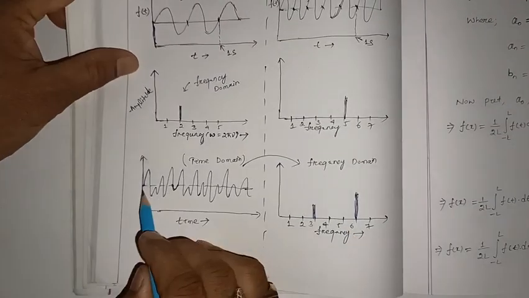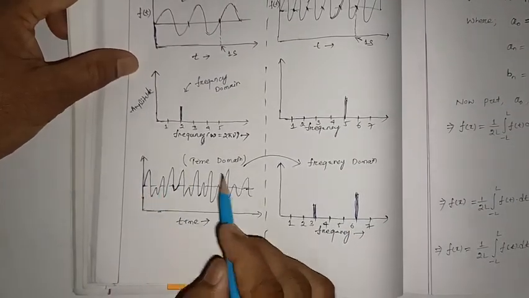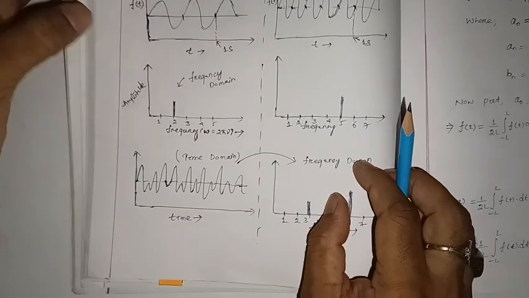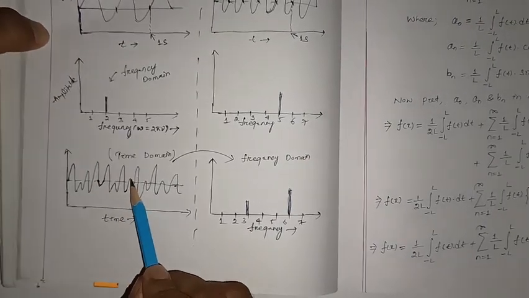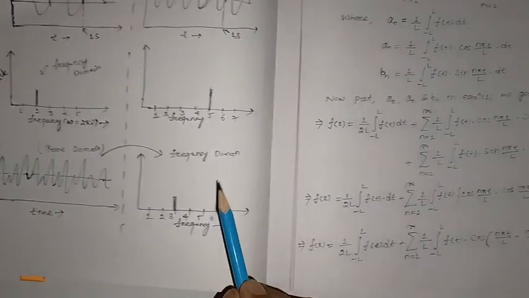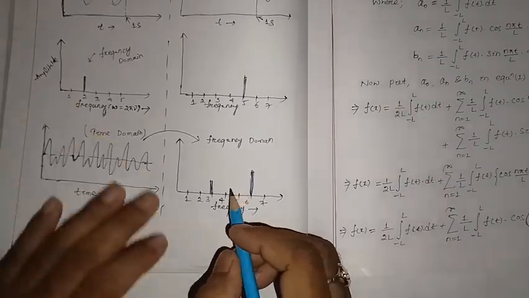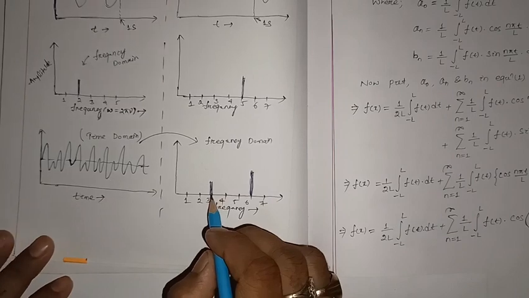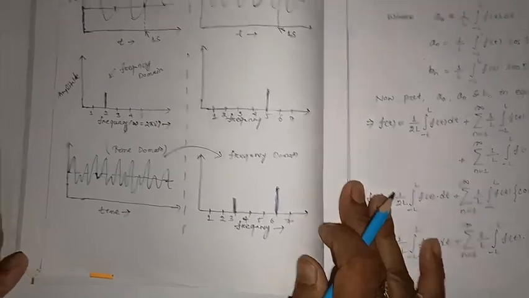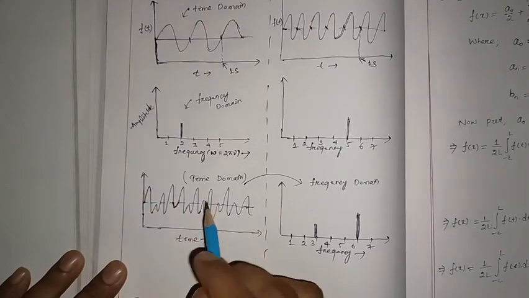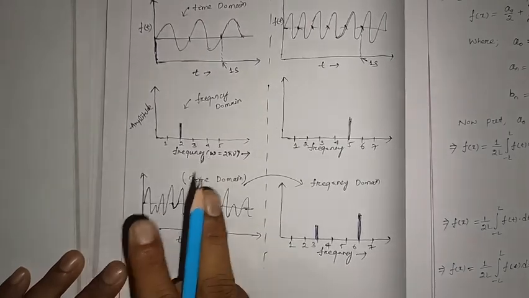Suppose we find a non-sinusoidal signal like this, in the time domain, and if I transform it from the time domain to the frequency domain, then we get this scenario. Here at 3 one peak, at 6 one peak. That means in this signal only 2 frequencies exist.